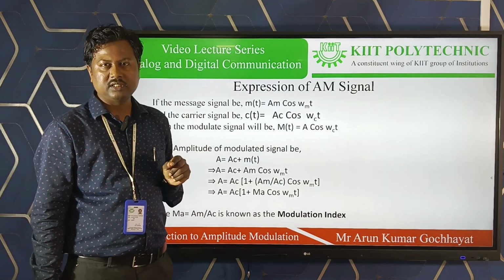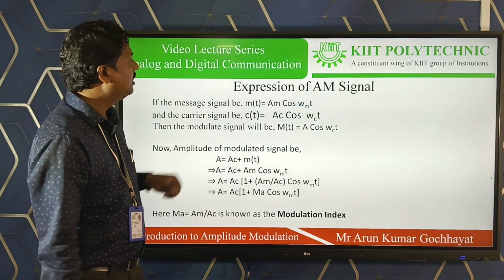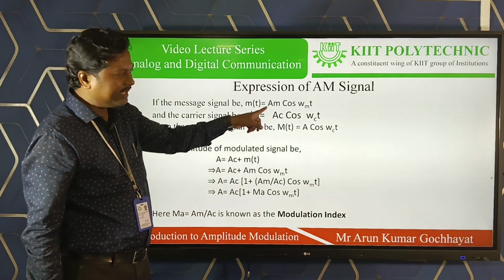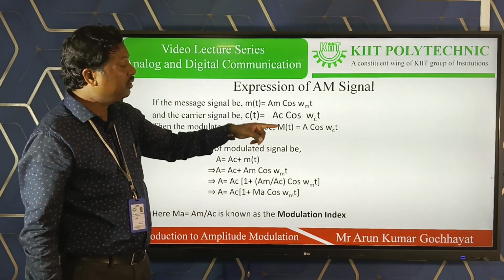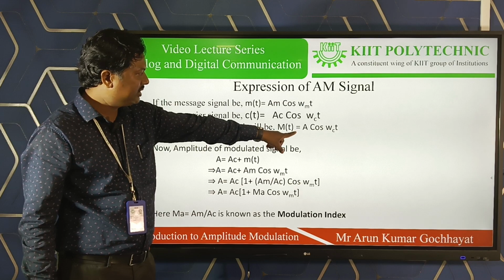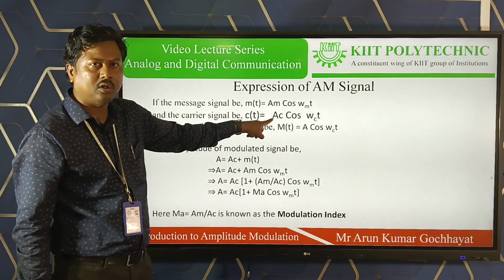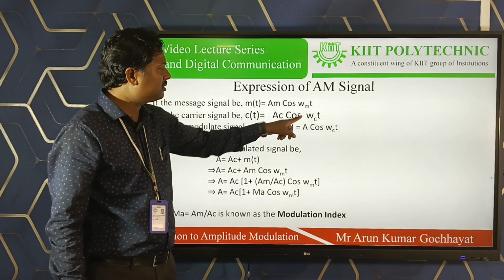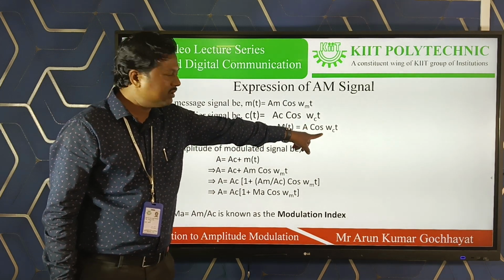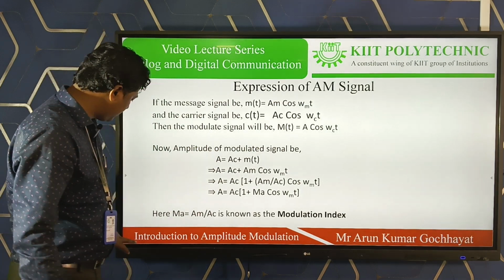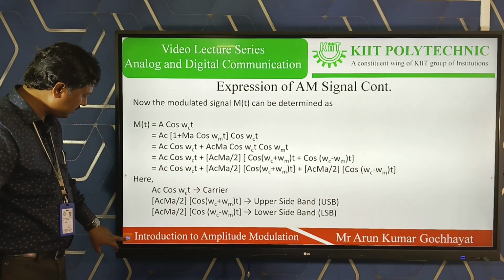As we are discussing amplitude modulation, the unmodulated amplitude Ac of the carrier is made to vary. So a new amplitude will be attained, which is represented by capital A. This is the modulated amplitude and this one is the unmodulated amplitude. Whereas in case of amplitude modulation, the frequency of the carrier and the frequency of the modulated signal remain the same. That can be easily visualized over here.